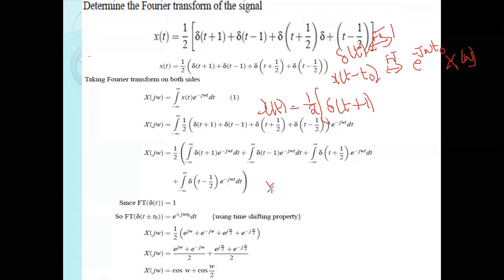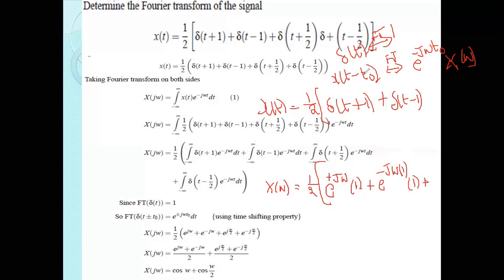So its Fourier transformation is x of omega equal to 1 by 2 into e power minus t naught, the value is minus 1, nothing but plus j omega, into x of omega, the value is 1, because the delta of t is 1 only. Plus another function, delta of t minus 1, means one sample is shifted towards the right side. For this, e power minus j omega into 1, into x of 1.